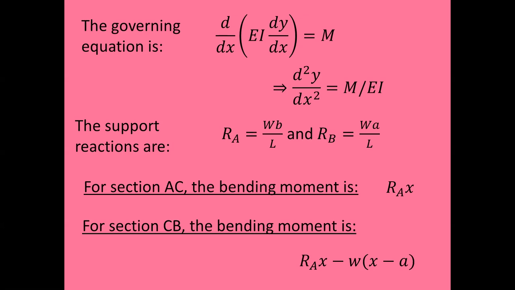These are the bending moments for sections AC and CB, but kindly notice that both these bending moments are functions of X. That means they are going to have different values at different locations of the beam, and these are supposed to be substituted in M, appearing on the right hand side of the required governing equation.